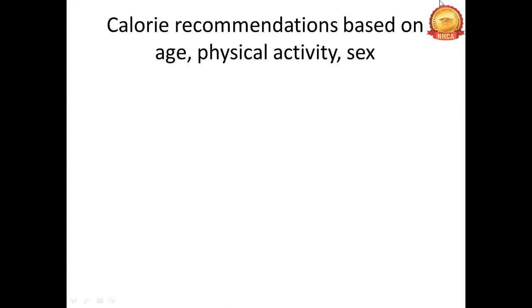So how do we come to a conclusion about a particular calorie number? First of all, you have to go to page number 21. Those who have the textbook, please go to page number 21 of the dietetics textbook. You have an ICMR table.